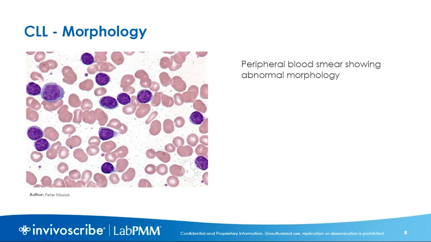So when looking at the peripheral smear, I would describe this as an absolute abnormal lymphocytosis composed of small-sized atypical lymphoid cells with round nuclei, clumped chromatin, indistinct nucleoli, and scant cytoplasm. A few scattered pro-lymphocytes are identified.